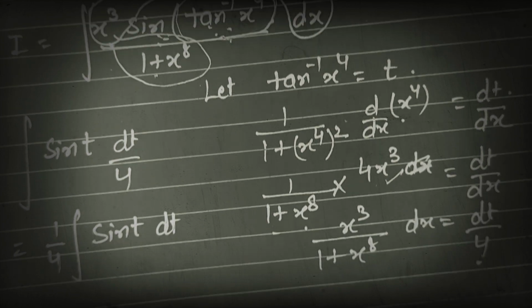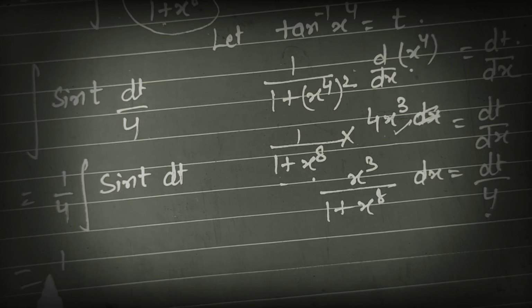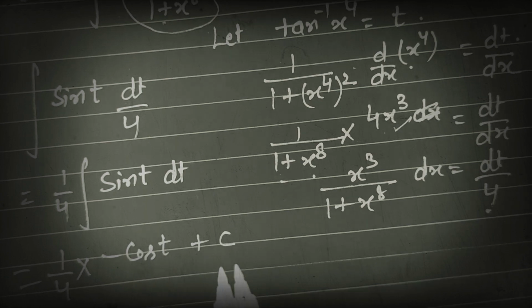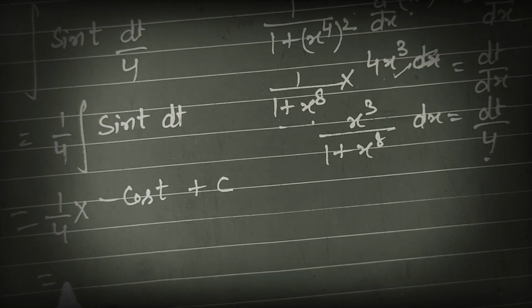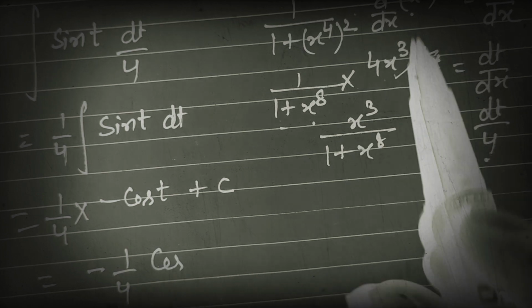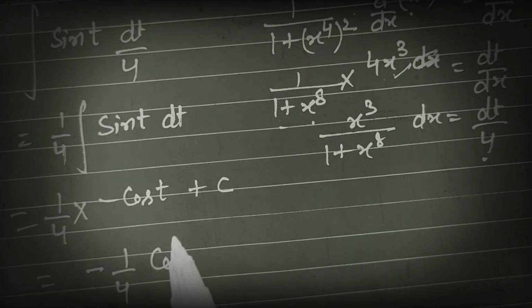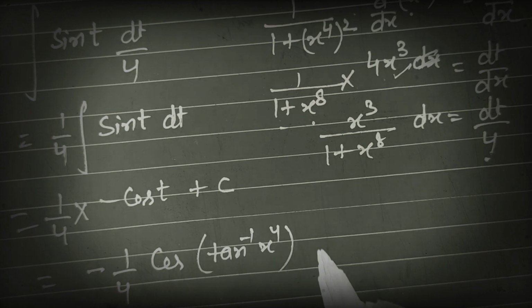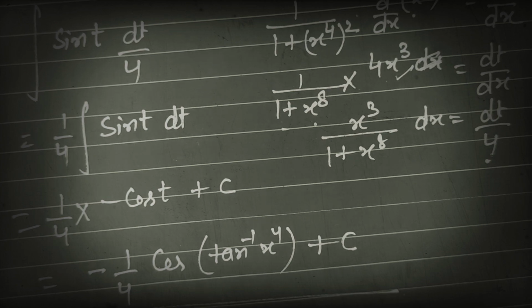What is the integration of sin t? It is minus cos t plus c. So the answer is minus 1 by 4 cos of t, where t is tangent inverse x raised to power 4, plus c. This is the answer.